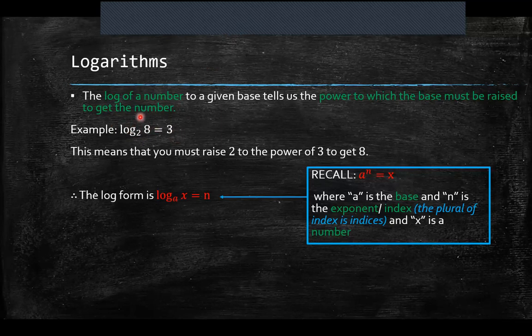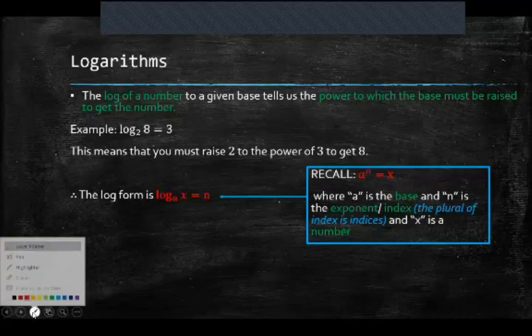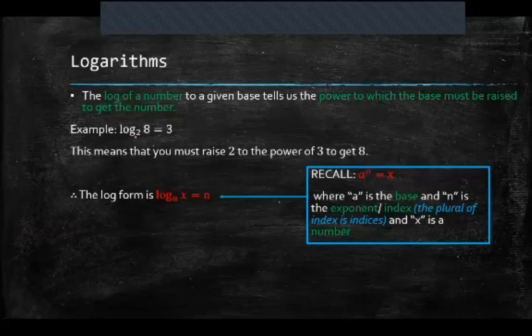So you could say log 8 to base 2 is equal to 3, or you could say log to base 2, 8 is equal to 3. Just once you know how to write it. But what exactly does this mean? By definition of a log, this means you must raise 2. So 2 here, this number is called my base.